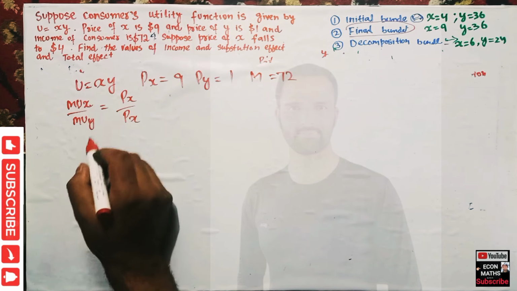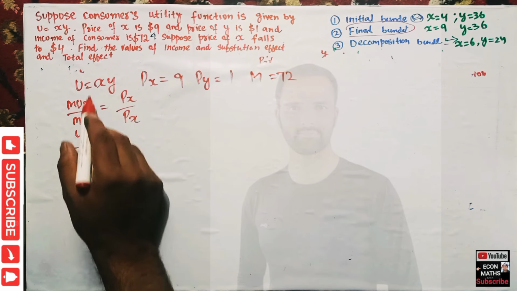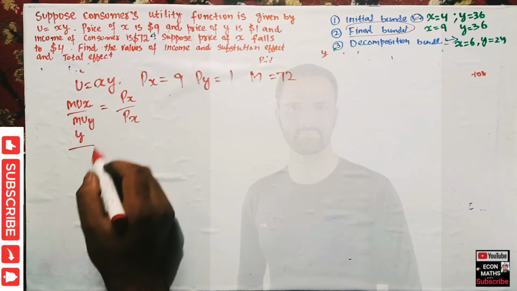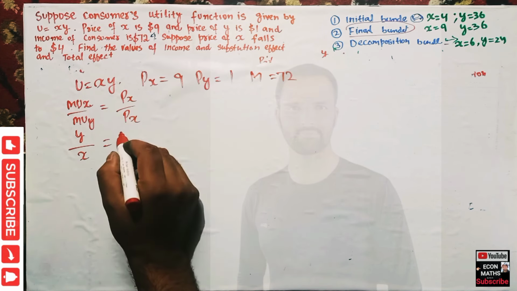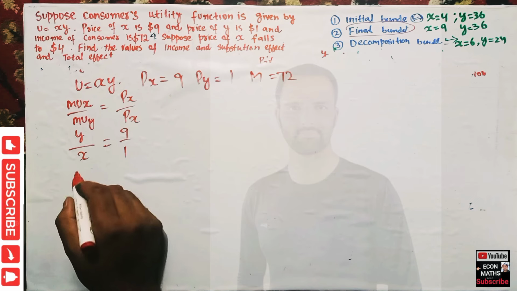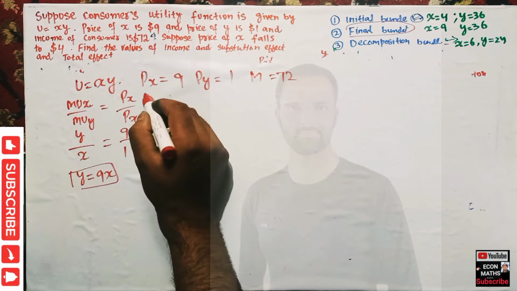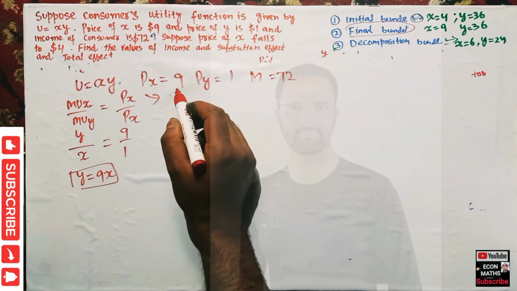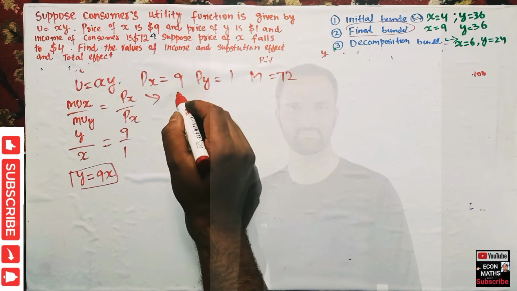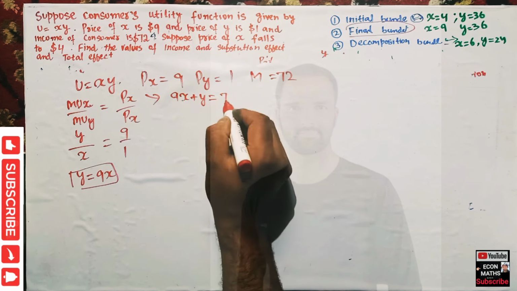The marginal utility of x, differentiating this, we get y. The marginal utility of y, differentiating with respect to y, we get x, which should be equal to the price of x upon the price of y, that is 9 upon 1. So y was equal to 9x. And after that, we found that our original budget constraint was 9x plus y is equal to 72.